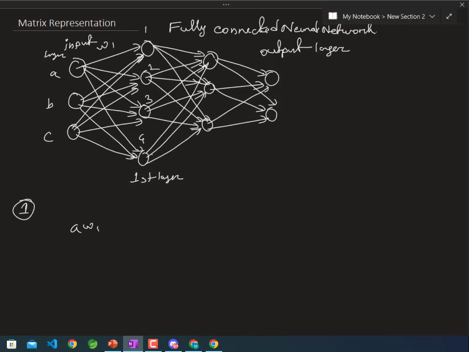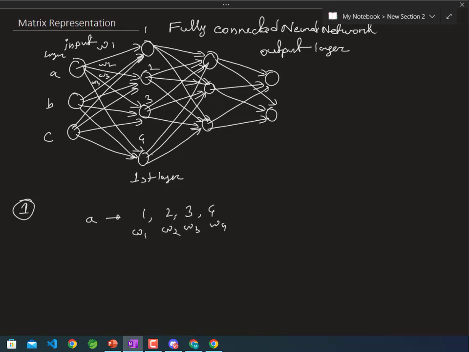The arcs are w1, w2, w3, w4. The weights associated with the connectivity of 1, 2, 3, 4 will be denoted as w1, w2, w3, w4.